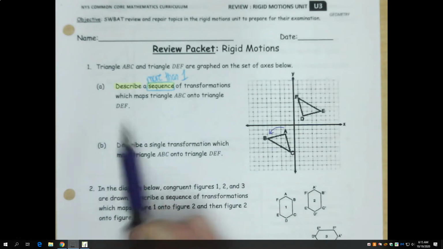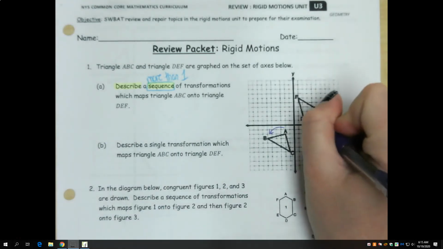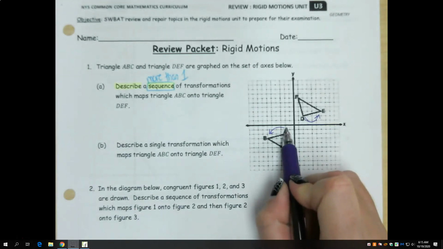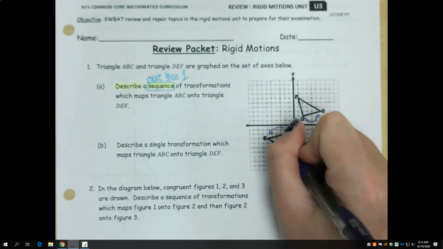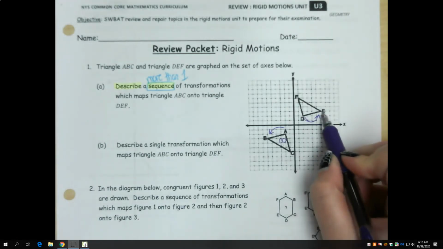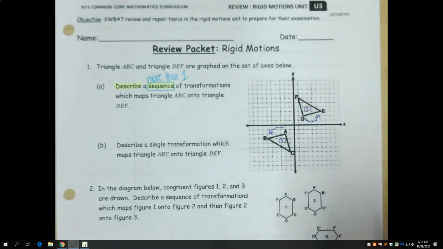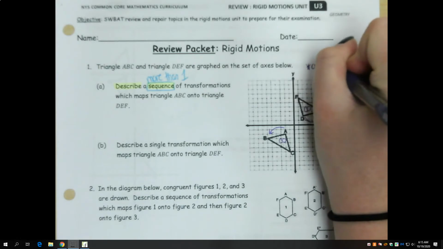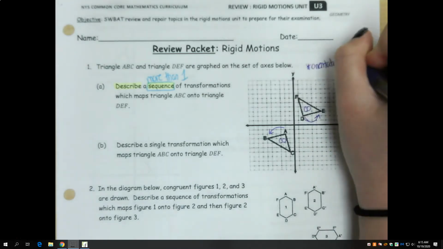Same thing, D to E, because it's D, E, F. I'm going to check. Well, this triangle, it looks like it's turning back time. That would be counterclockwise. And the same thing with this triangle. I'm turning back time. That would also be counterclockwise. So since the orientation is preserved, I know that there are no reflections taking place here.